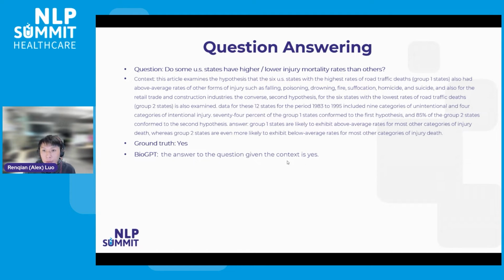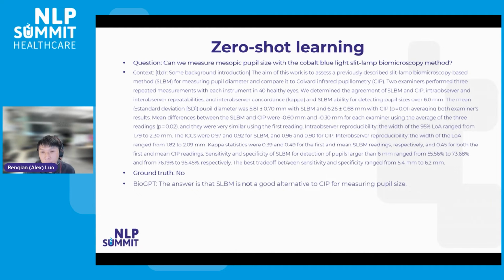So here we also test the zero-shot learning ability of our pre-trained BioGPT. This is also an example of question answering we get from the PubMedQA task. So we still get the question and the context. We concatenate them together into a sentence, and we input it to the model directly and ask BioGPT to generate. The ground truth answer to this question is no. And what we see from BioGPT is that it generates, the answer is that the SLBM is not a good alternative to SIP for measuring pupil size.